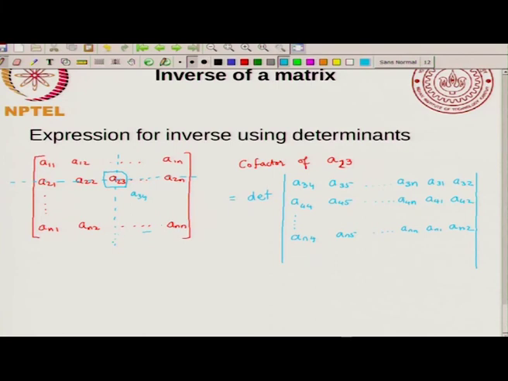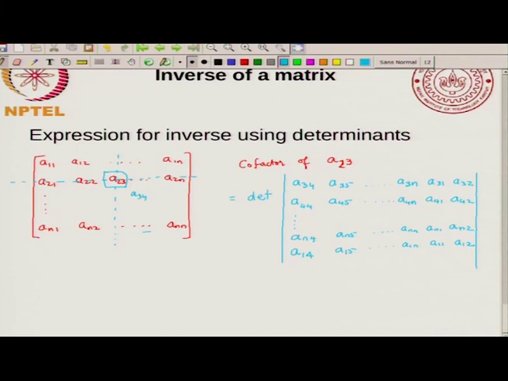Then you come back to the first row: A14, A15 all the way up to A1n, and then A11, A12. So this is an n minus 1 by n minus 1 matrix where you have removed the second row and the third column, and you take the determinant of this, which is the cofactor.